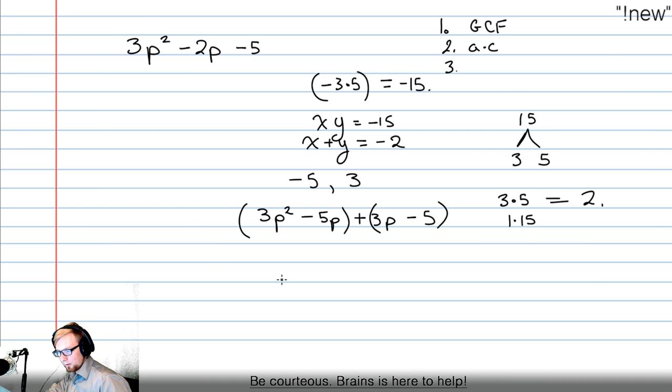So what do you take out of the first group? P. Okay, so what are you left with inside the brackets? 3p minus 5. Good. Next one, you just leave it as is.